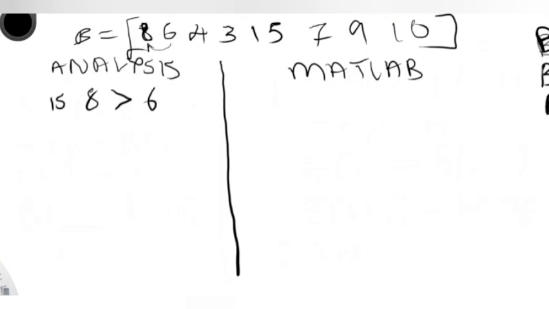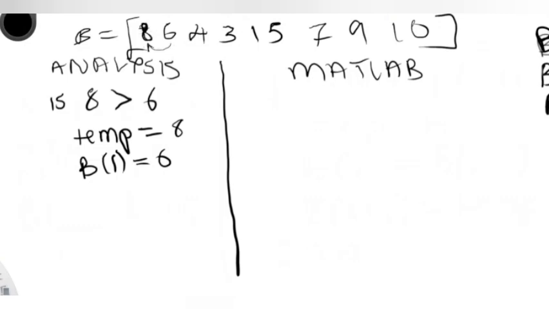We say temp, which is the storage where we're putting it, is equal to 8. Since 6 is at position B2, we want this 6 to come to position B1. So we say B1 is equal to 6. You get? So we are removing the 8 here and putting a 6. So we have 6 here and a 6 here.